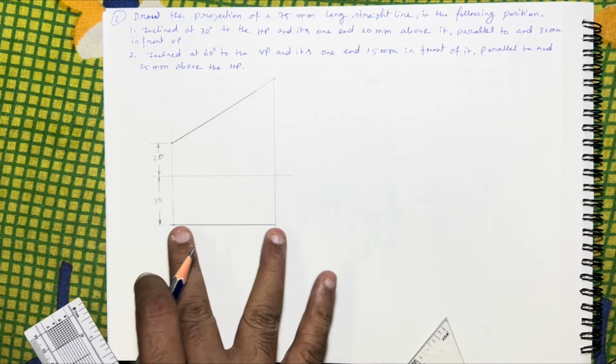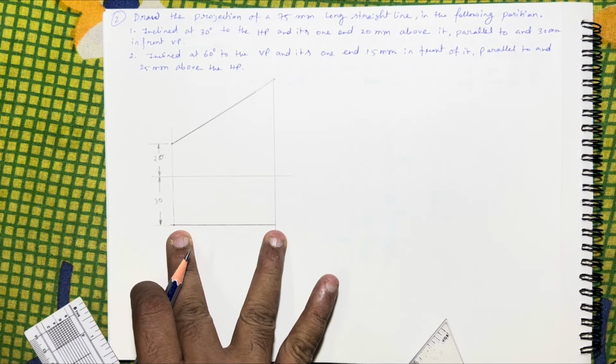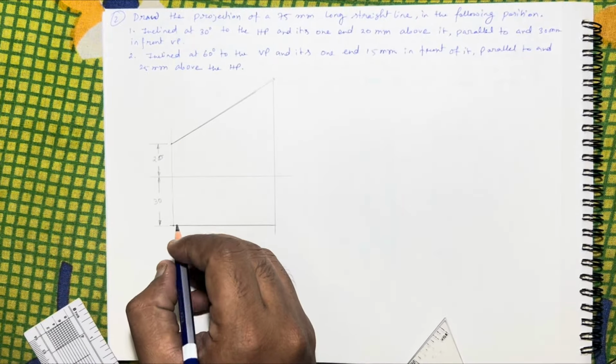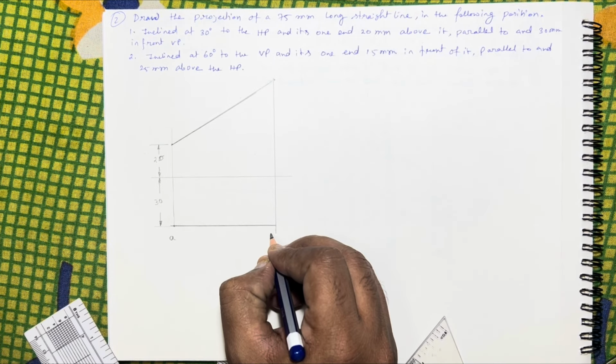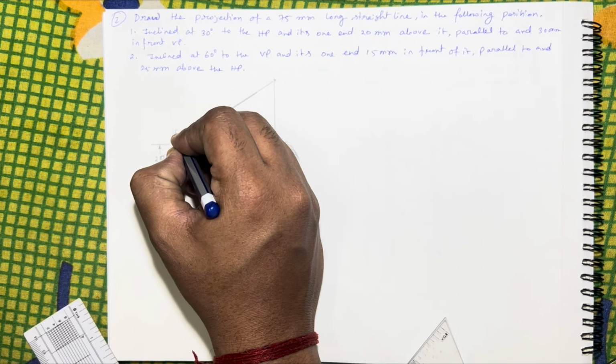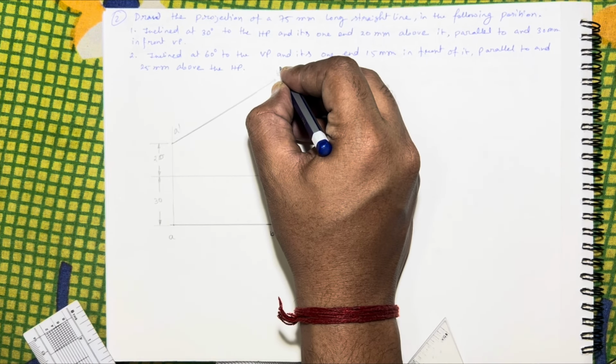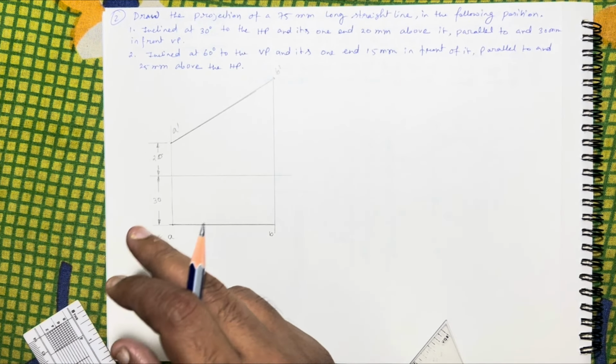So as this is your top view and this is your front view, so the top view becomes AB and the front view A dash B dash. So this is your first problem.